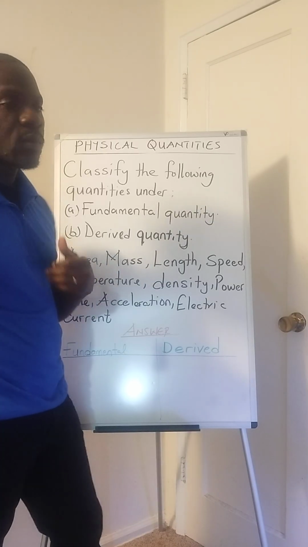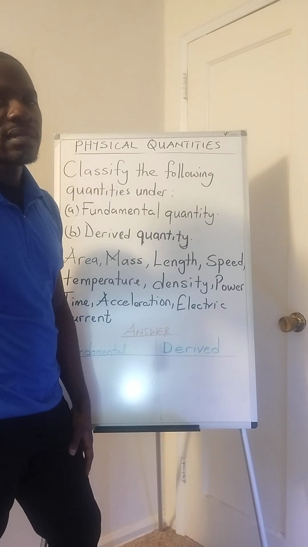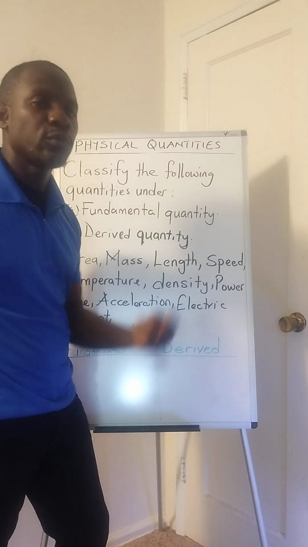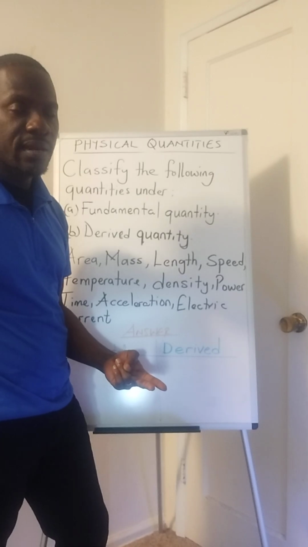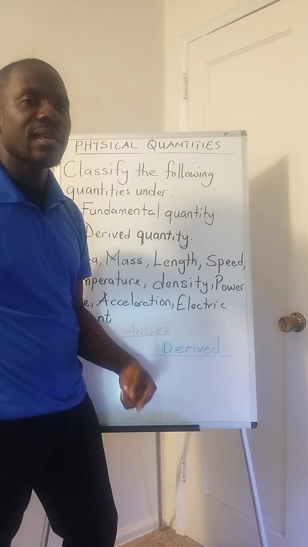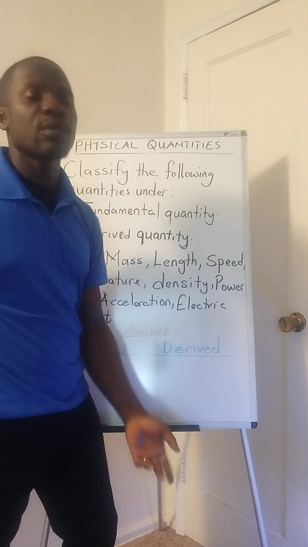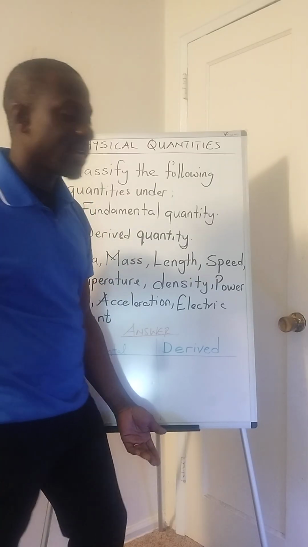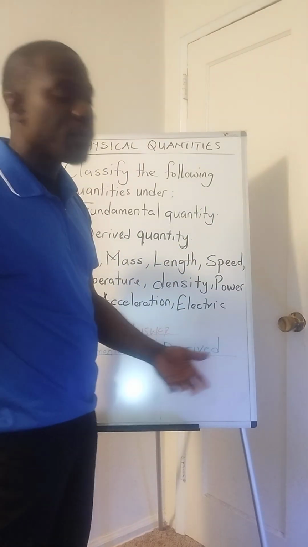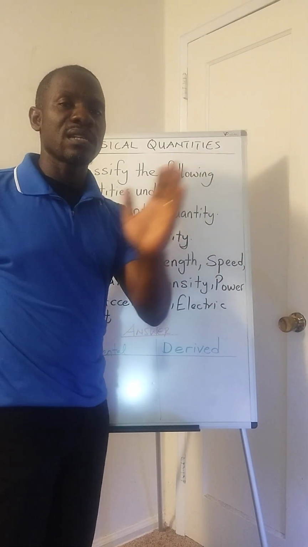And so, when you look at these ones, area, what is the definition of area? Now, area is the product of two lengths, right? Area is the product of two lengths. Length is a base quantity. Distance is a base or fundamental quantity, right? So, in order to group them, area is length times length.